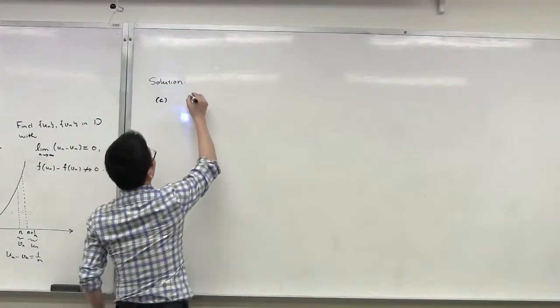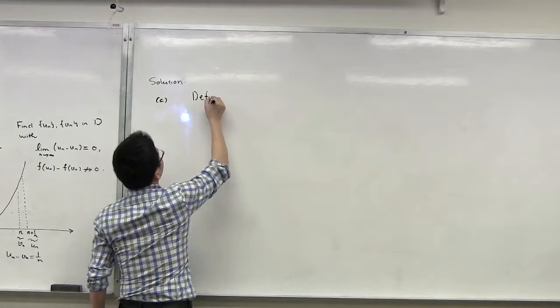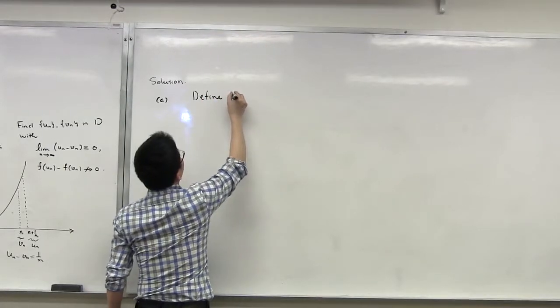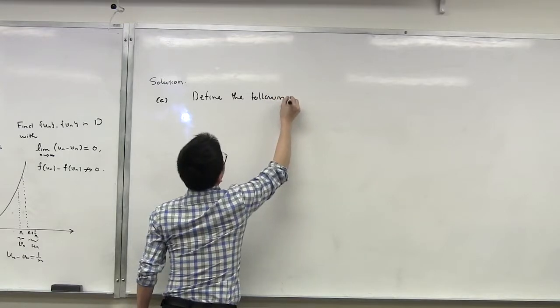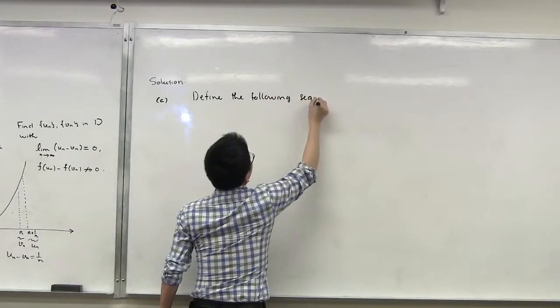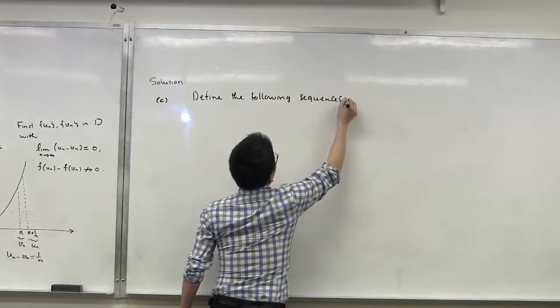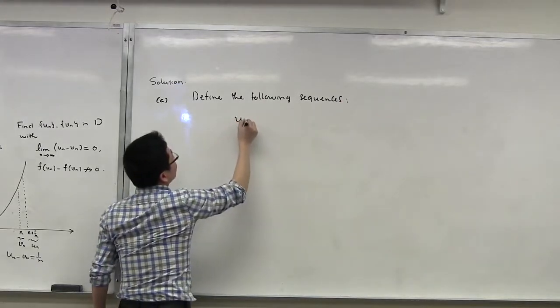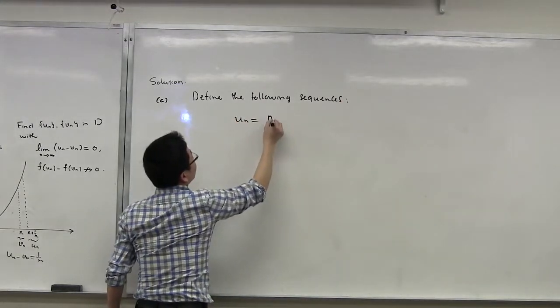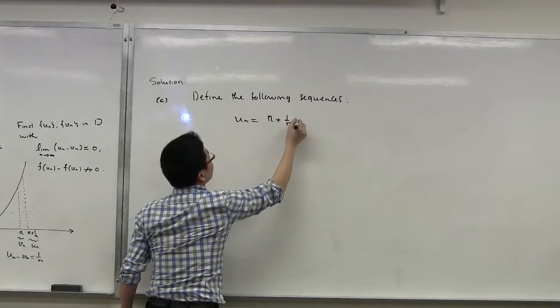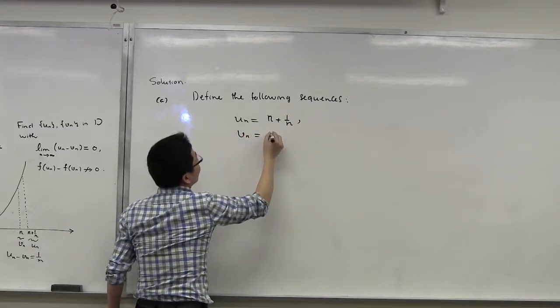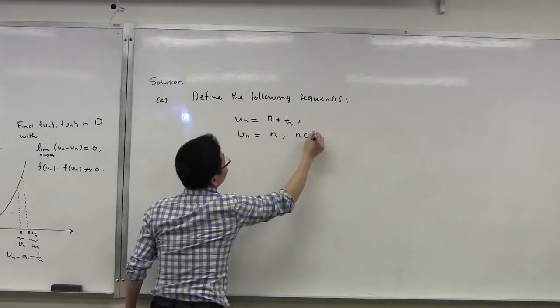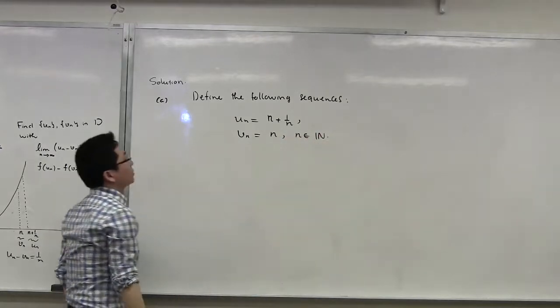Now, we define the following sequences. un is equal to n plus 1 over n, and vn is equal to n, where n is in the set of all natural numbers.